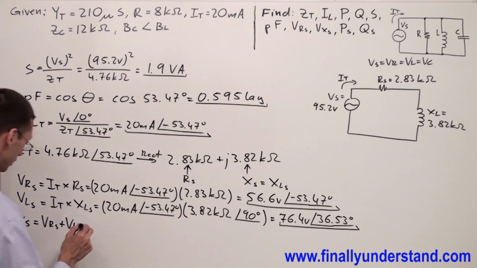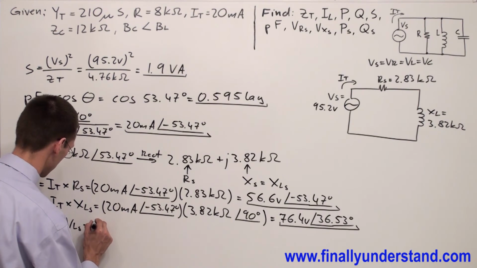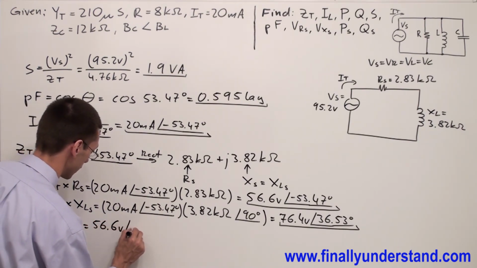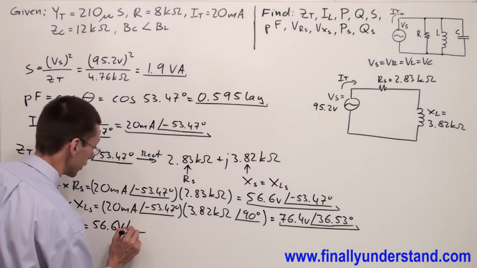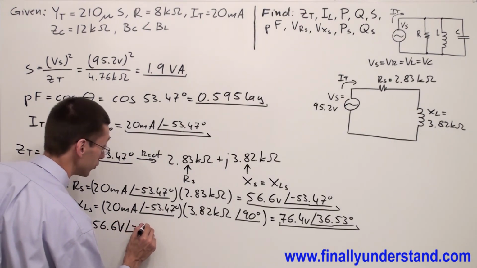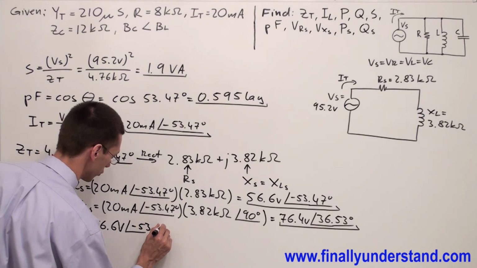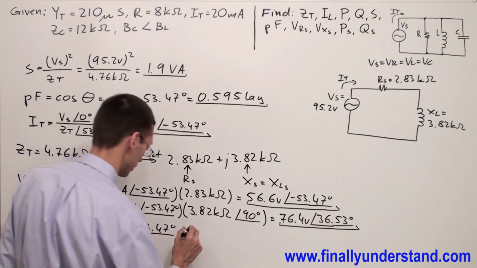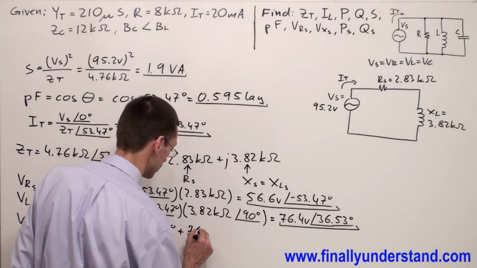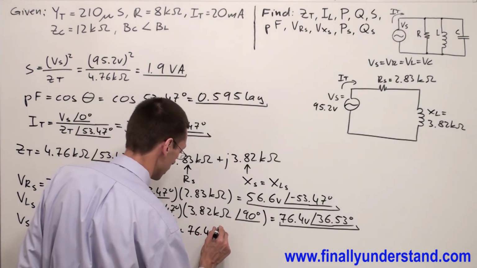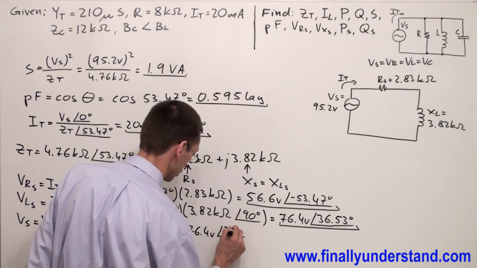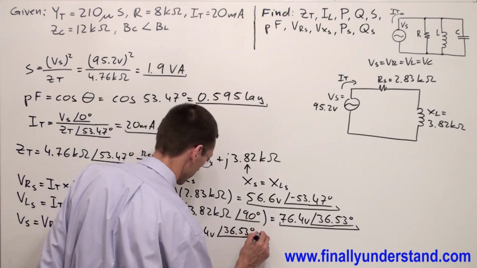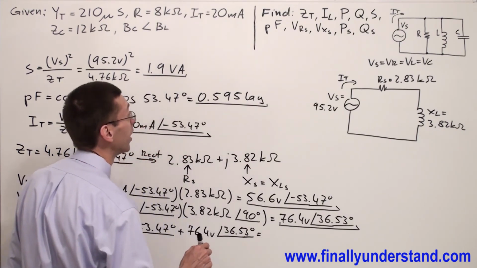So this is equal to 56.6 volts at an angle of negative 53.47 degrees plus 76.4 volts at an angle of 36.53 degrees.